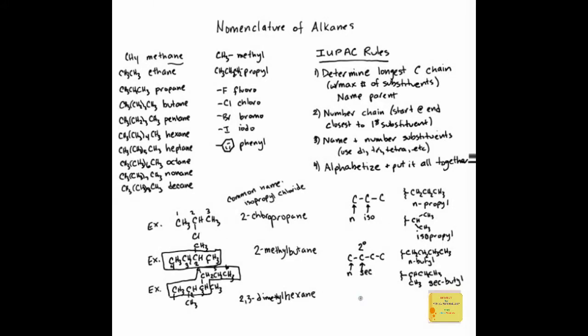And then finally, we could have another arrangement of 4 carbons like this. So these are commonly encountered. If we attach at this middle carbon, it is described as a tertiary carbon because it has 3 carbon groups attached, and that's where the name tert-butyl comes from.